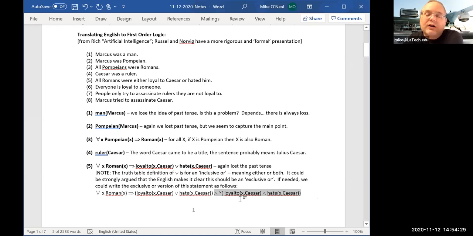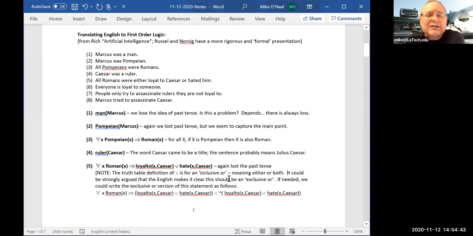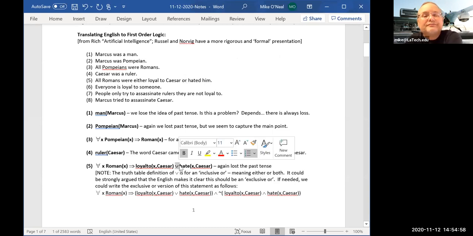Depending on what you were wanting to do, this might be critical. But we're going to stick with the simpler one because I'm the prof and I know that what we're going to do with this, this will be good enough. So not only did we lose past tense here, we also lost the meaning that this or is almost certainly exclusive, not inclusive, but I've encoded it using inclusive.